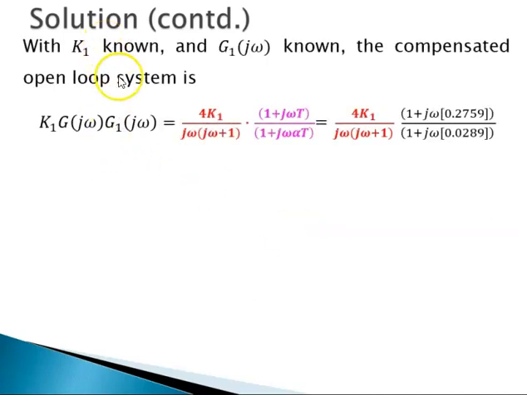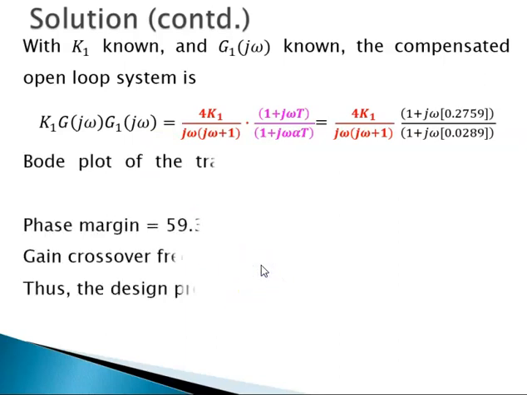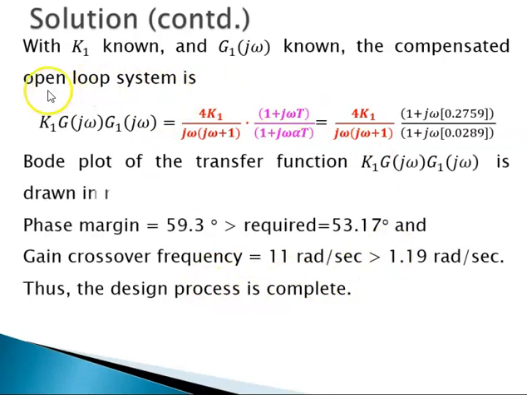So with K1 known and D1 known, the compensated open loop system is, this is the gain compensated, this is the compensator transfer function. So we say this is the open loop, and the Bode plot of this whole K1 G1 is drawn in the next slide.